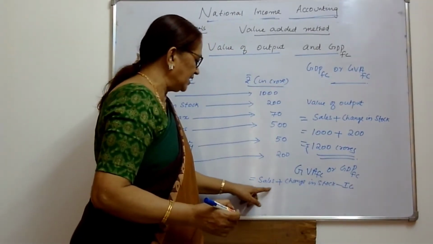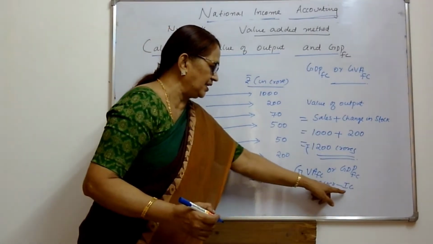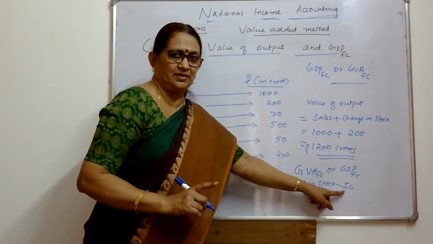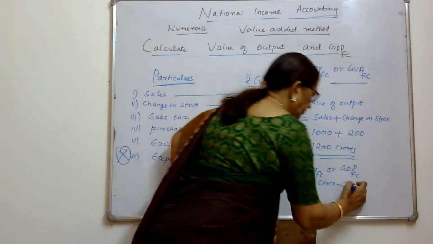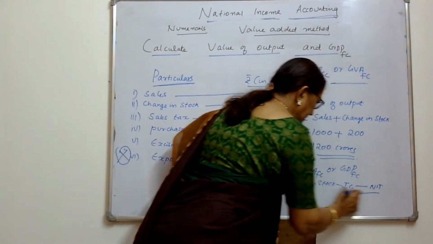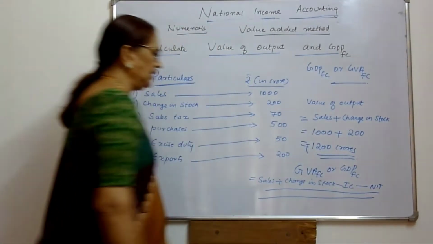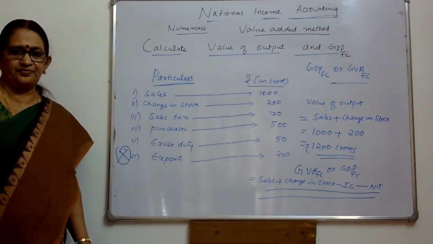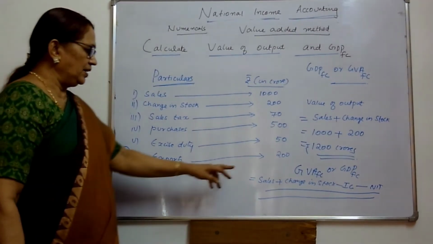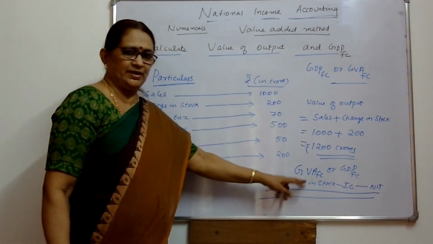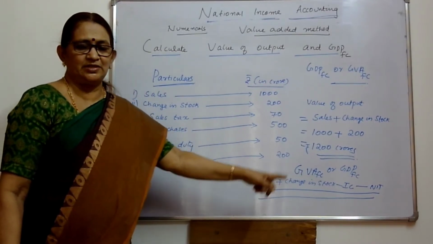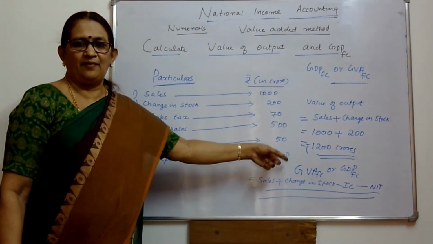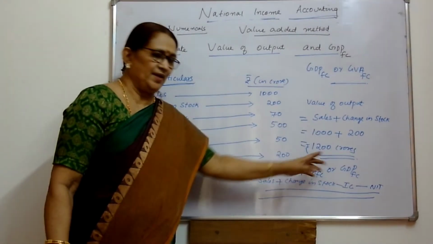While we do sales plus change in stock minus intermediate consumption, we will get gross value added at market price, which includes net indirect tax. Minus net indirect tax, we will get GDP at factor cost or gross value added at factor cost. From gross value added at market price, we have to deduct the value of net indirect tax. We will get it at factor cost.